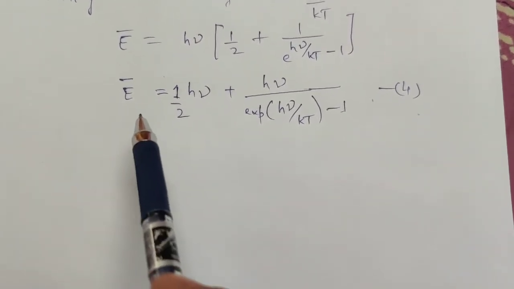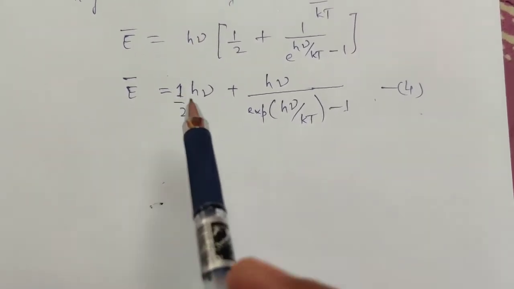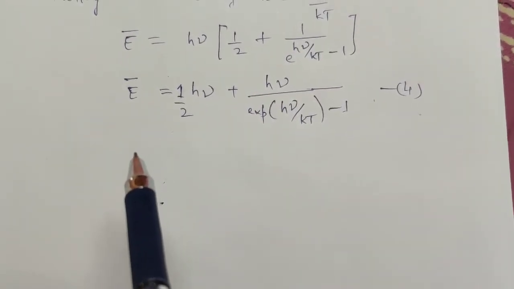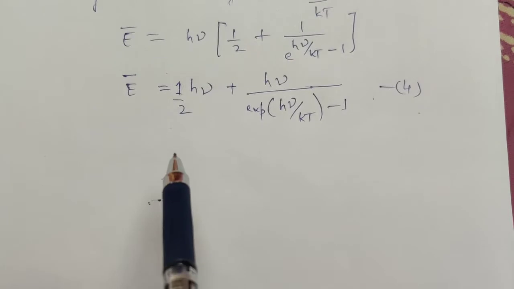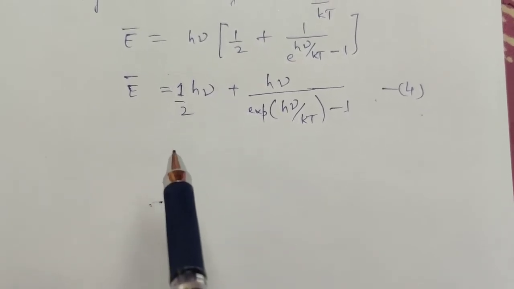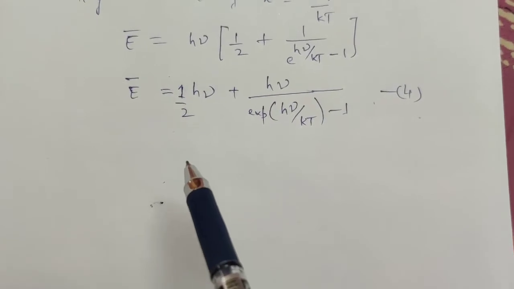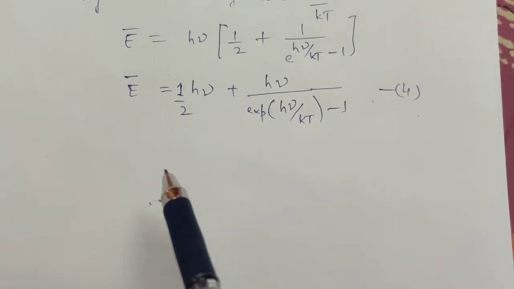So now the vibrational energy of a crystal containing n atoms is equivalent to the energy of a system of 3n harmonic oscillators, because we know that there are n identical harmonic oscillators or atoms, and they have 3 degrees of freedom, so therefore there will be 3n harmonic oscillators.